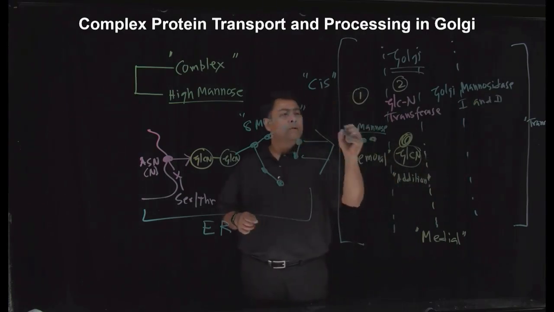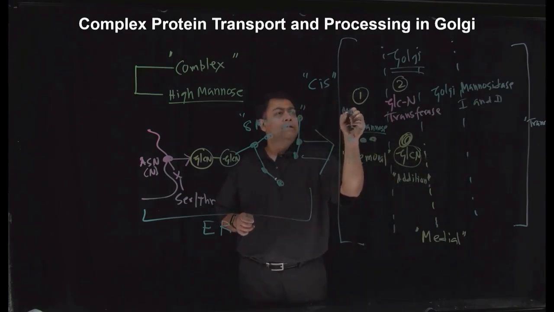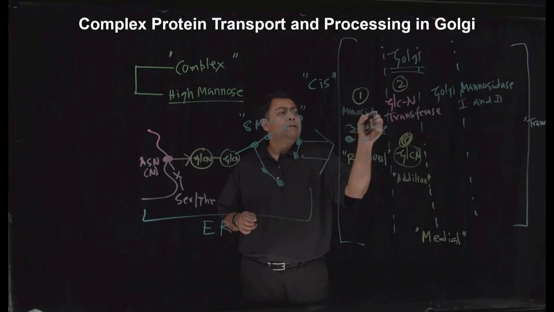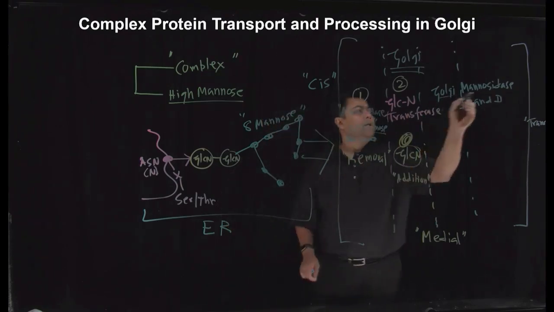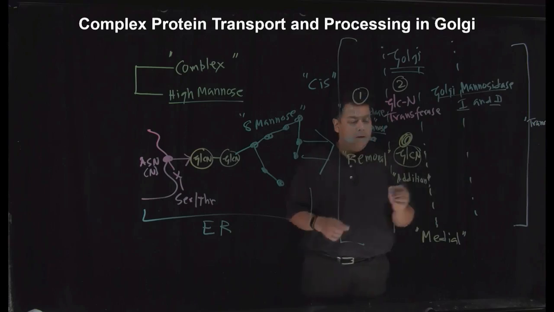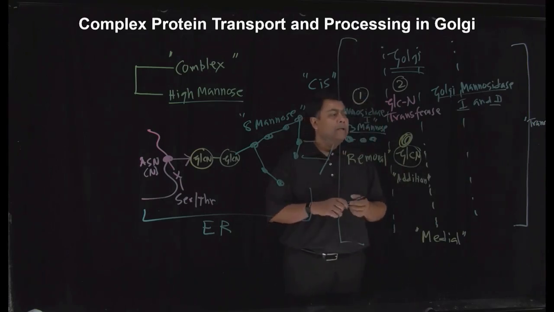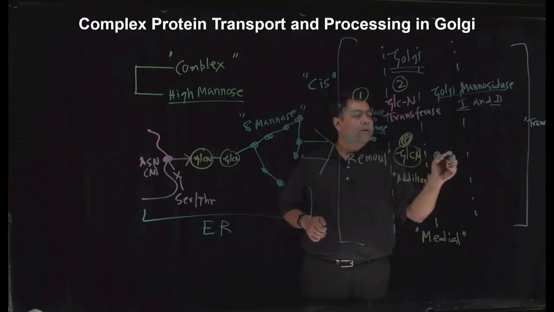Earlier it was done by mannosidase 1, but here you are seeing Golgi mannosidase 1 and 2, and it will remove 2 more mannose.